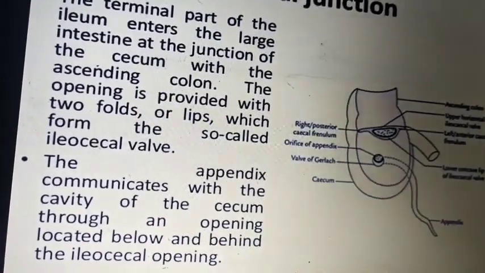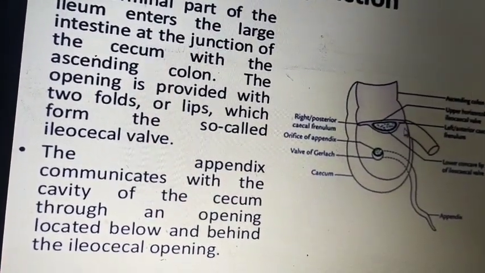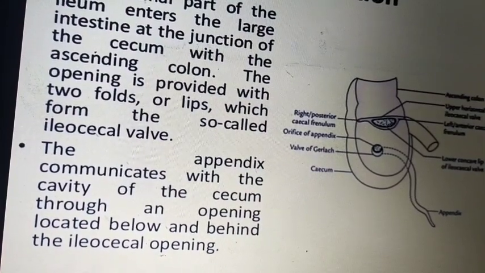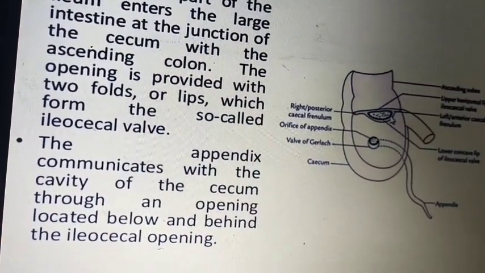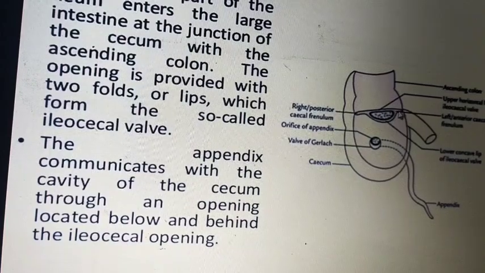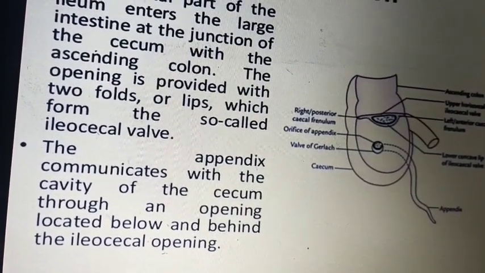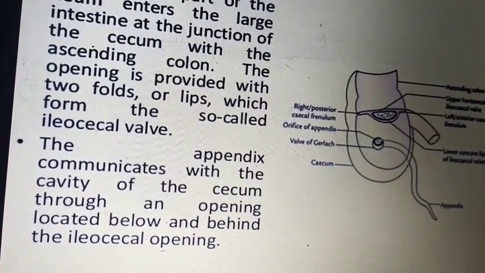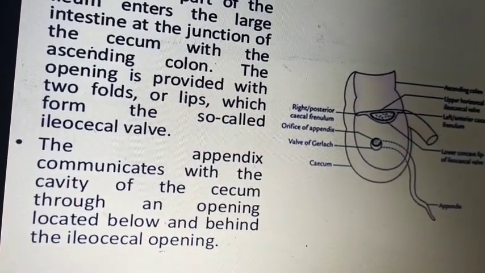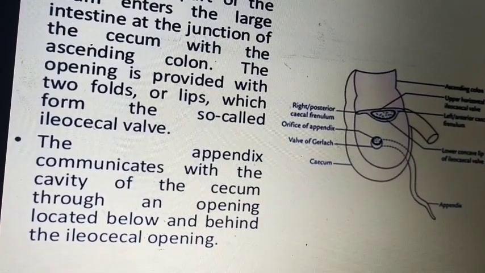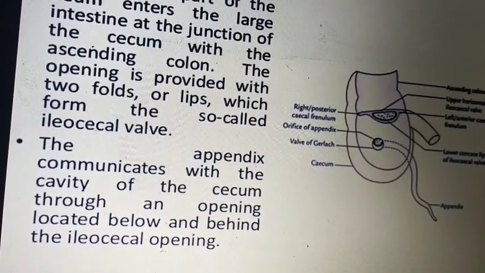It has two lips: this is the upper lip and this is the lower lip, and these are the two frenula. Frenulum means a fold of skin or mucosal tissue that secures the motion of a mobile organ in the body.